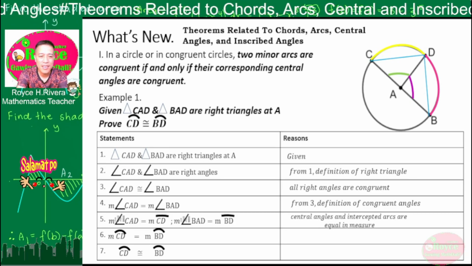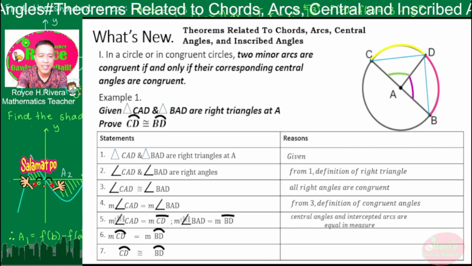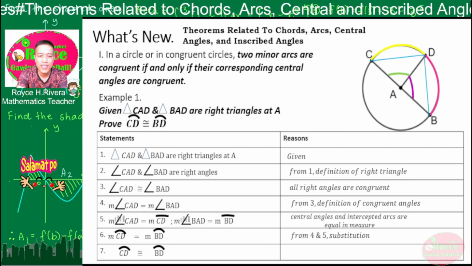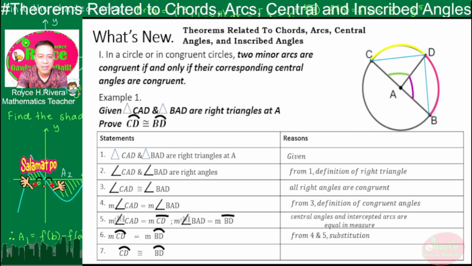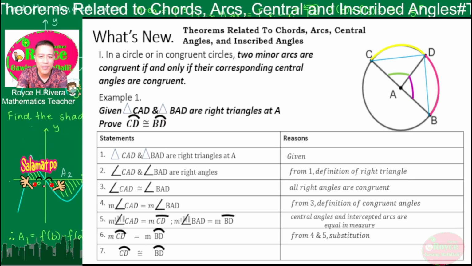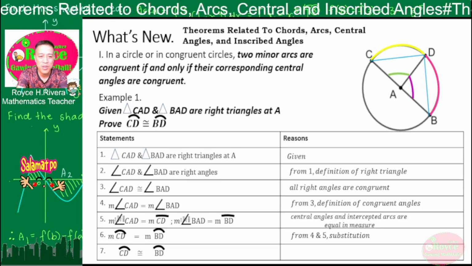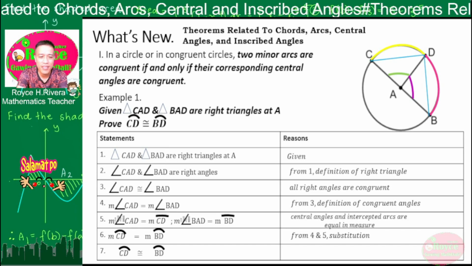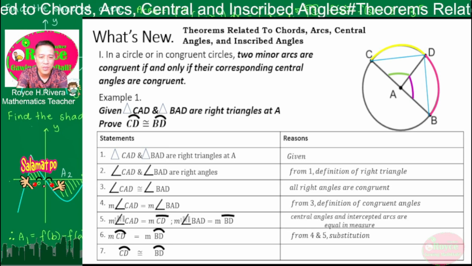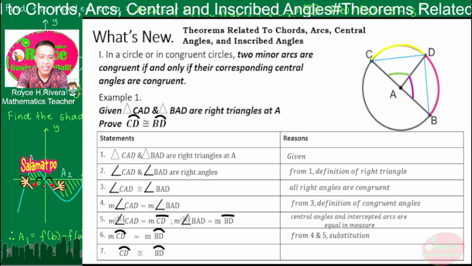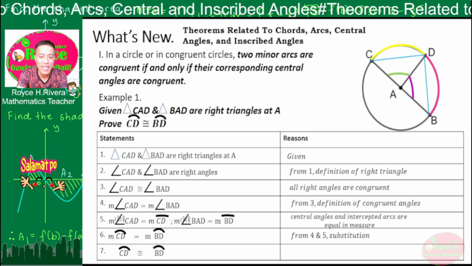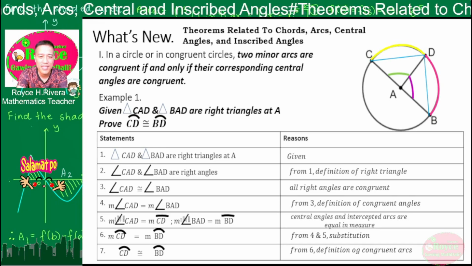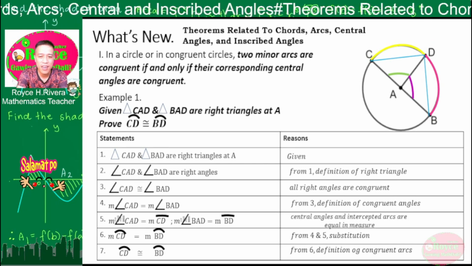The measurement of arc CD is equal to the measurement of arc BD. For the reason, statement number 4 and 5, substitution. And for statement number 7, we can conclude that arc CD is congruent to arc BD. For the reason, from statement number 6, definition of congruent arc.